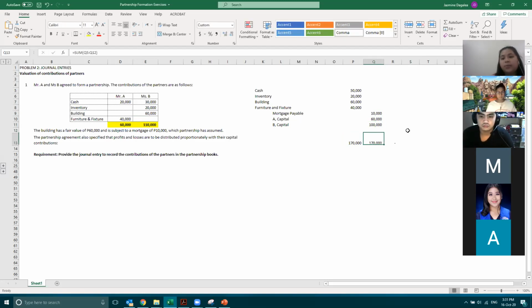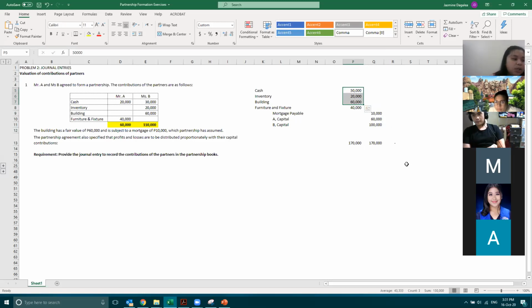Total debits nyo is 170,000, total credits nyo is balance 170,000 din. I-check nyo lagi yung total debits and total credits ng journal entries nyo, kasi pag mali yung amounts, hindi kayo magbabalance sa trial balance at sa financial statements nyo. Okay?